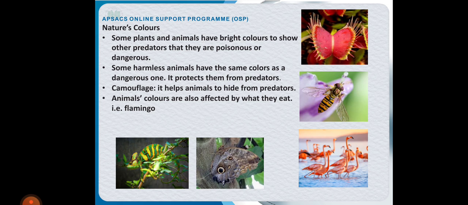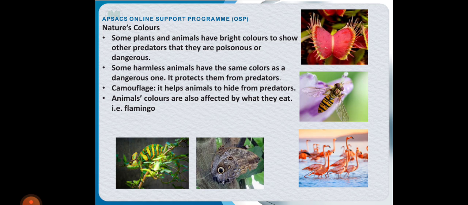A chameleon is able to blend in its environment by changing its colors. This is an example of a butterfly that has colors that are similar to that of a tree trunk. It is hard to look at it when it is present on a tree.